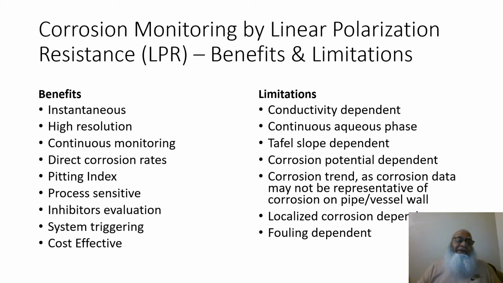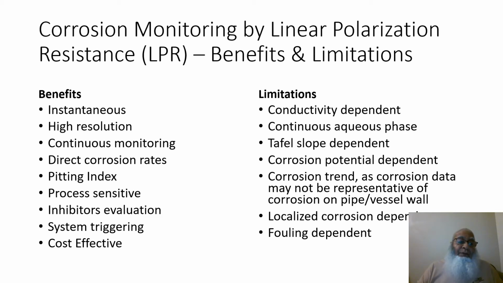It is process sensitive, which means that if the pressure or the flow regime changes, right from streamline to turbulence or other ways, the instrument is more affected and it gives you a higher corrosion rate. It can be used to evaluate inhibitors.